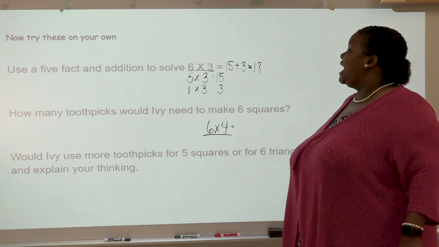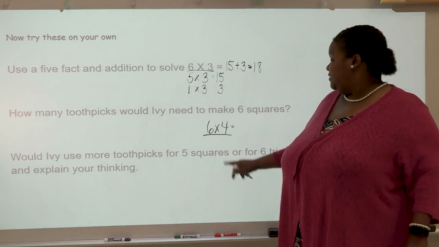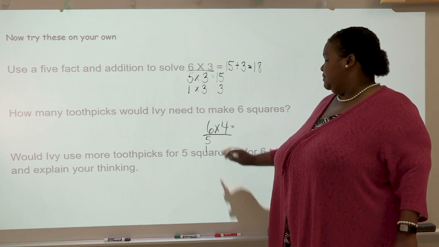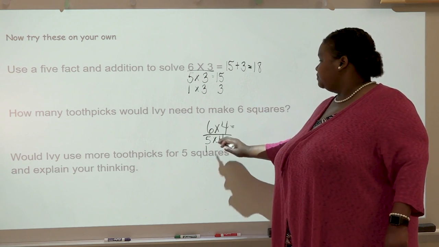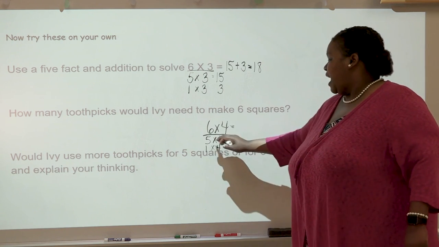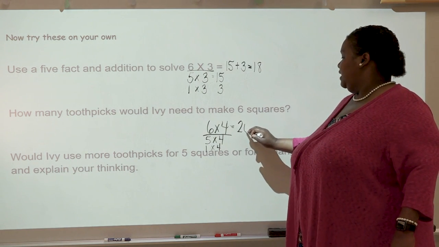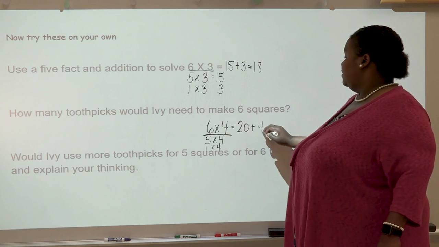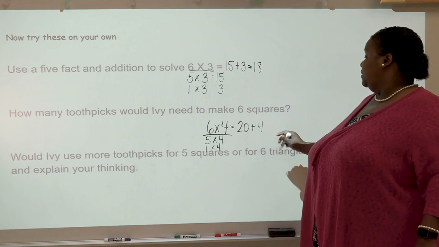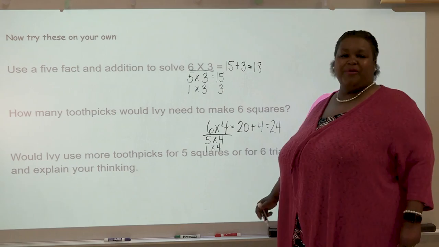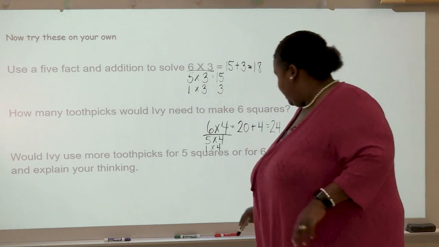Let's make this into a 5-fact and addition. The 6 would turn into a 5 and a 1. 5 times 4. 1 times 4. 5 times 4 equals 20 plus 1 times 4 equals 4. 20 plus 4 equals 24. All right, if you got that one right, give yourself a round of applause.